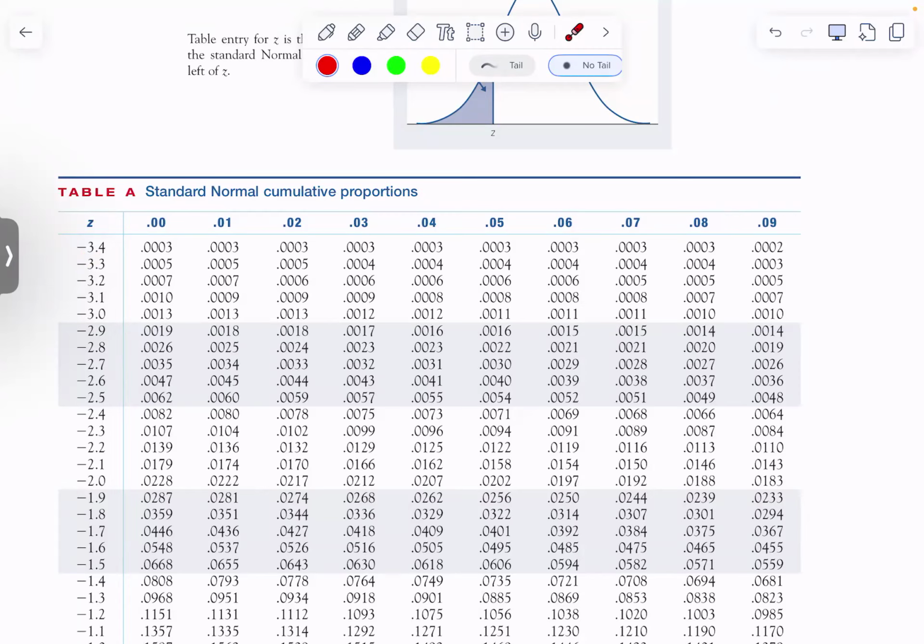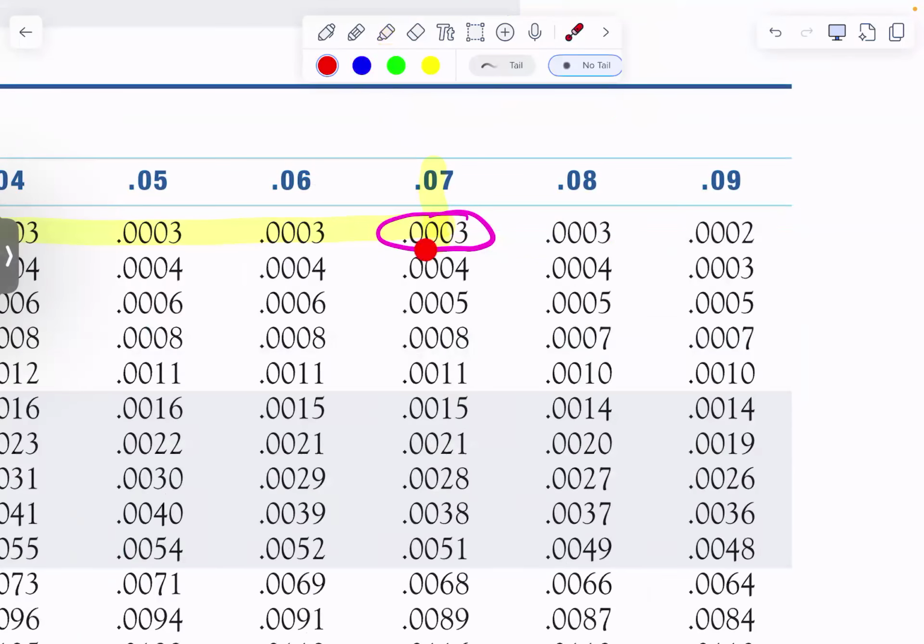So if you have a Z of negative 3.47, how we read this is that the area to the left of a Z of negative 3.47 is going to be very, very small, 0.0003. Very, very small.